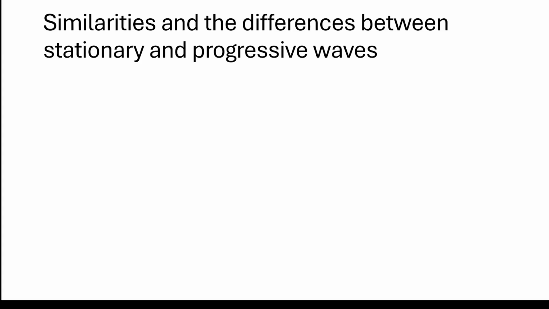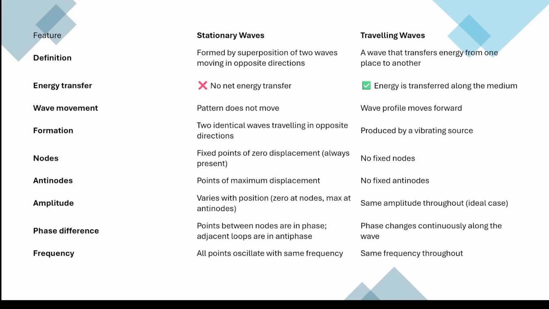In a traveling wave, energy is transmitted from one region to another, but in a standing wave, energy is always confined in one area. I'm going to just give you this in written form. So let's check this.